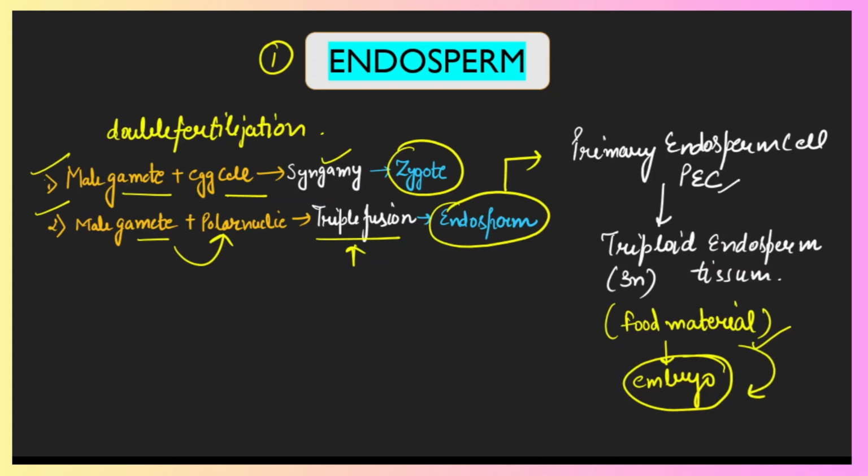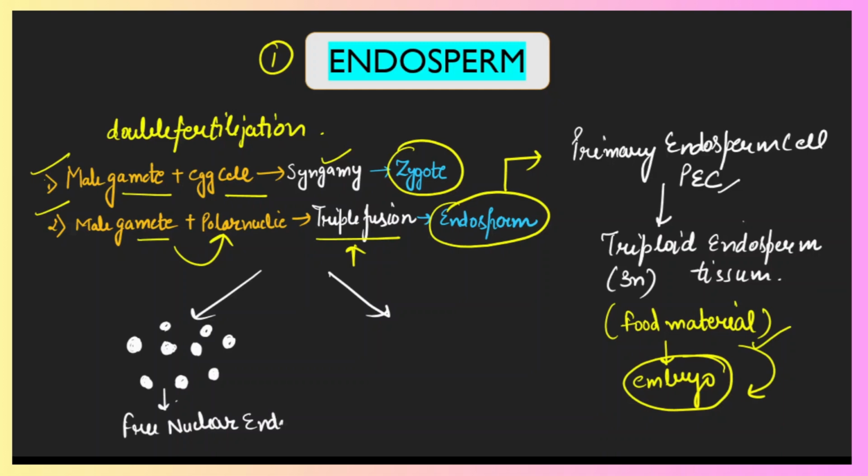Now if the nucleus of each endosperm divides, or successive divisions occur, rapidly dividing, they will form the free nuclear endosperm.